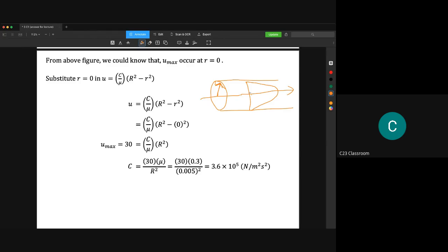So at this point, which is r equal to 0, u is the maximum value. We substitute r equal to 0, and u now becomes the maximum value. We substitute into the equation, and then we could get that the constant is about 3.6 times 10 to the power of 5.